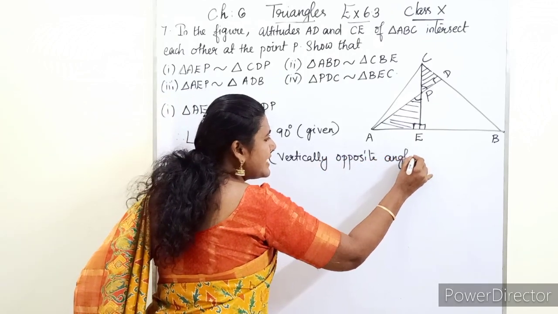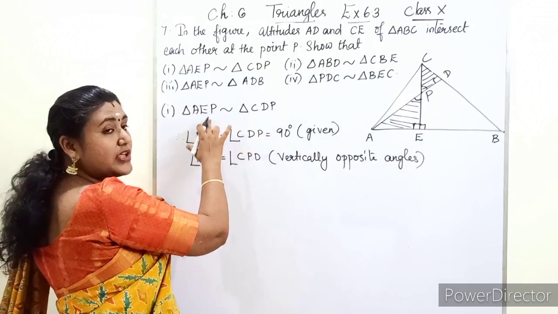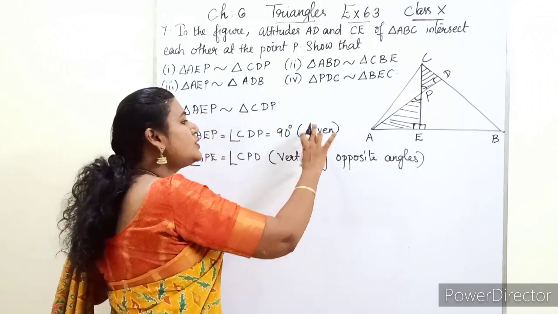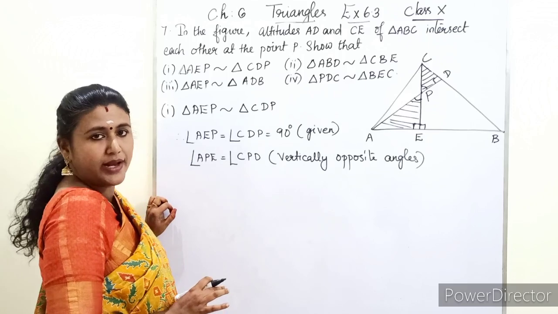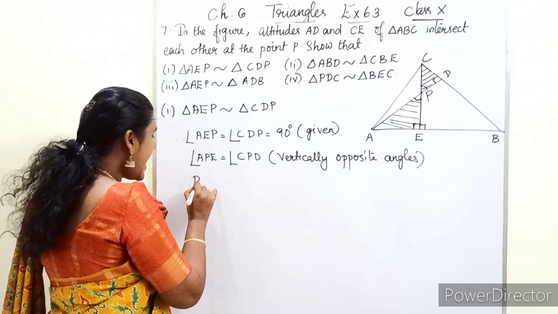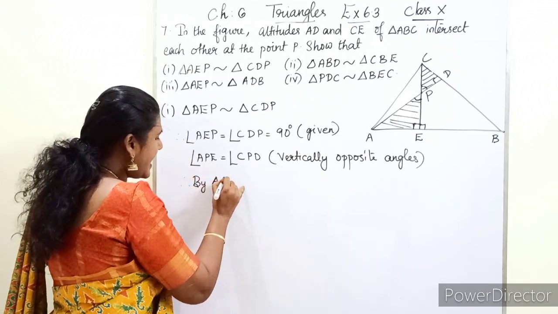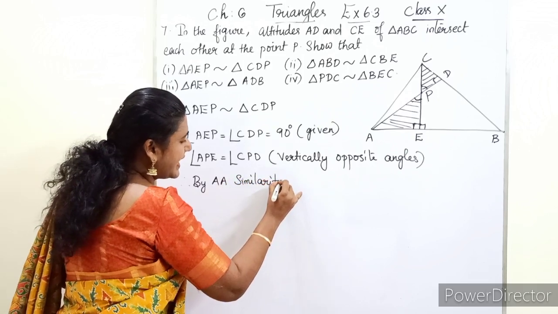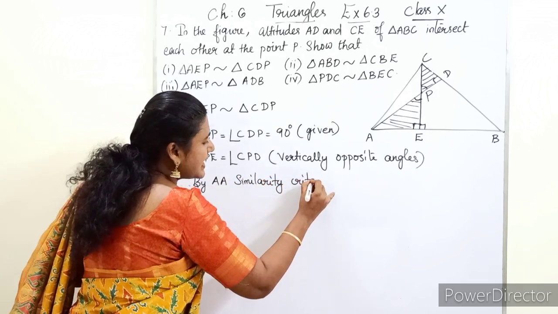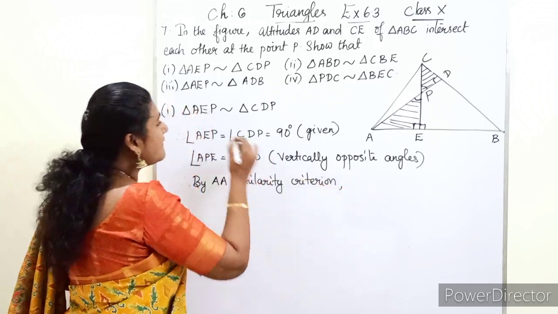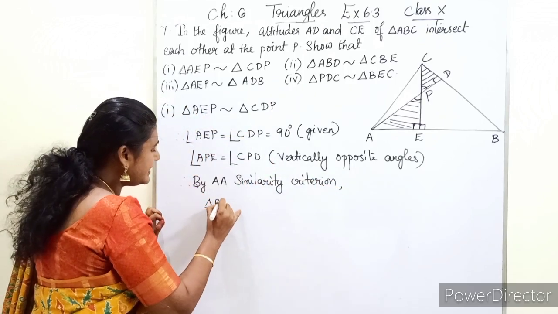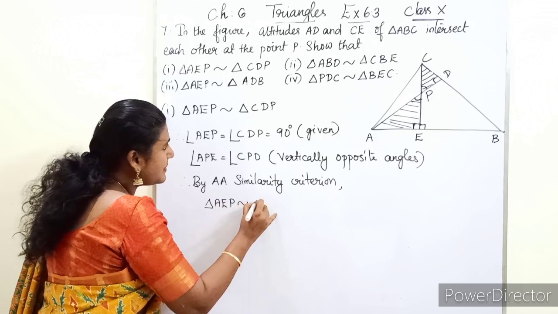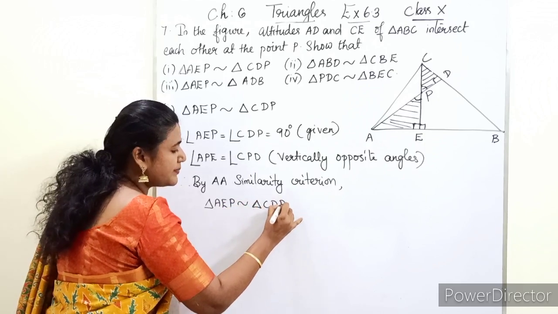So in these two triangles, we got two angles equal. Therefore by AA similarity criterion, we can say that triangle AEP is similar to triangle CDP.